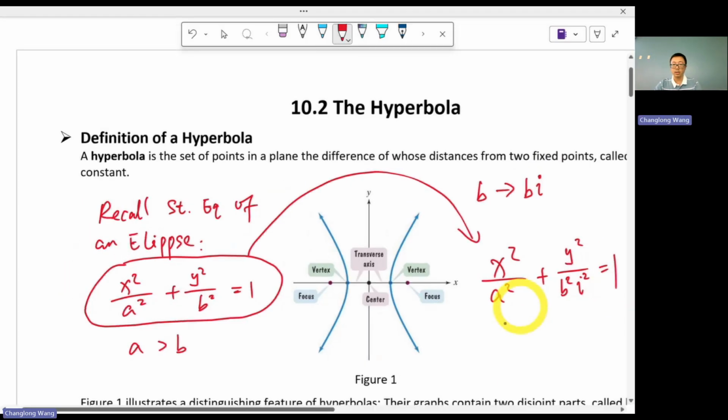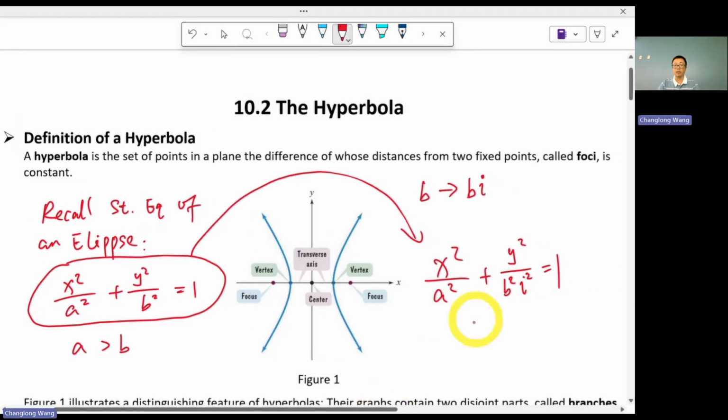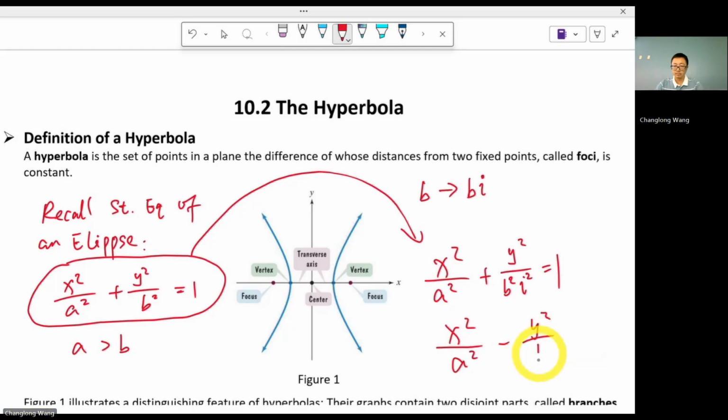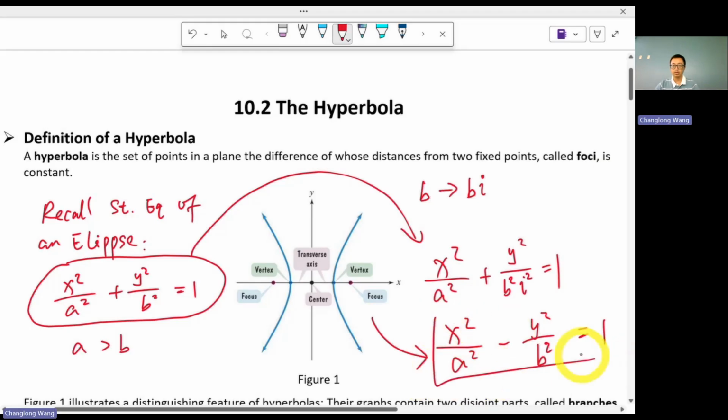But what is i squared? -1. So x squared over a squared minus y squared over b squared is 1. And it turns out that this is the standard form of the equation of a horizontally opening hyperbola. It's that easy.